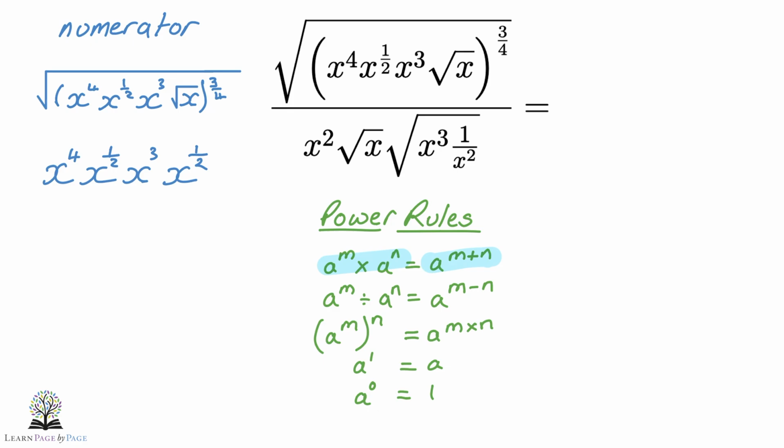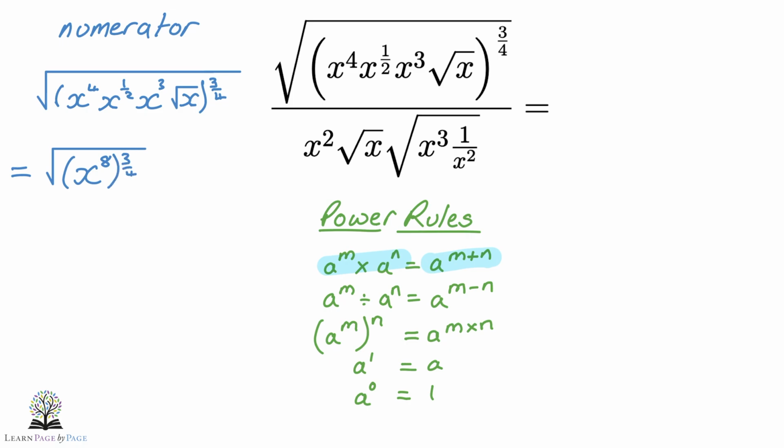And so if we add these powers, we have 4 plus a half plus 3 plus another half. That gives us 8. So we can rewrite this as the square root of x to the power of 8, still to the power of 3/4.